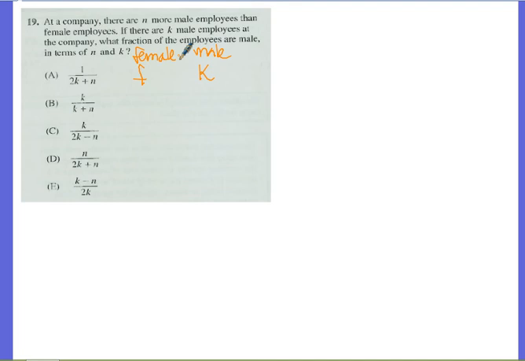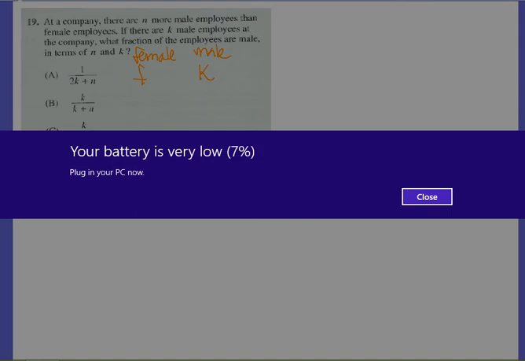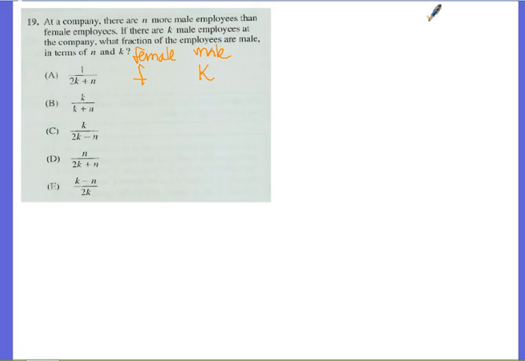Now it says there are n more males than females. So there's more males. That's actually how I always figure out the equations, because I get them confused too.